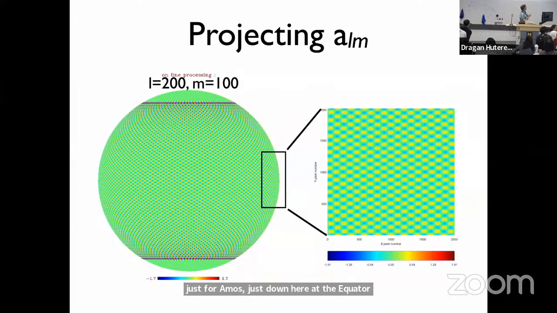You go up here, weird things start happening. And what that's saying is that you don't have uniform support for your a_lm all over the sphere. So where you put your pole can matter in terms of what you're going to get for different fields. So that's weird. It sure looks like Fourier modes.